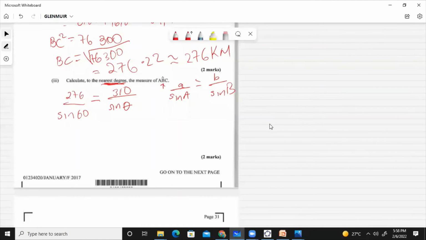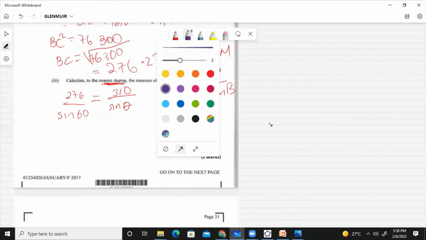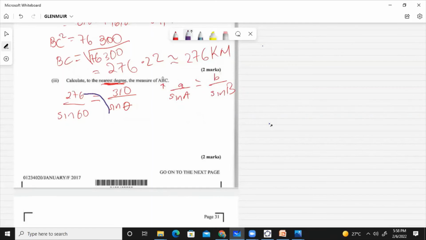In pushing that forward, we could do a quick cross multiplication. This goes with that, equal to that goes with that.